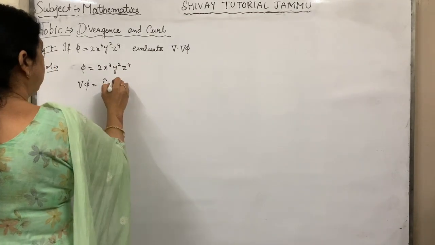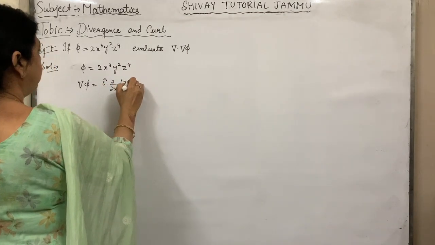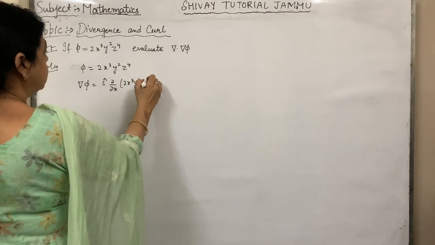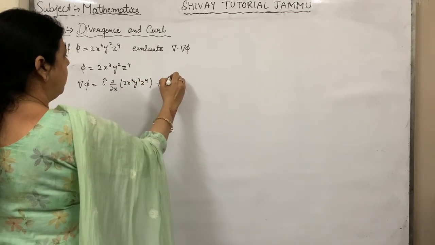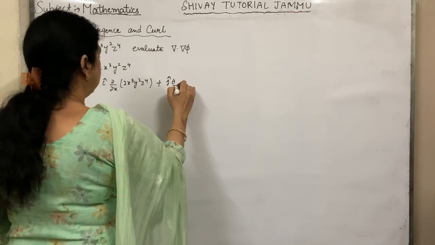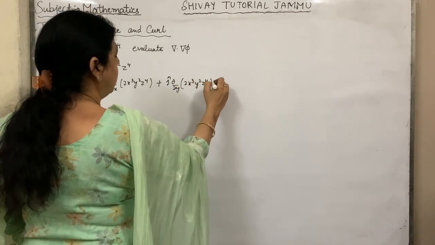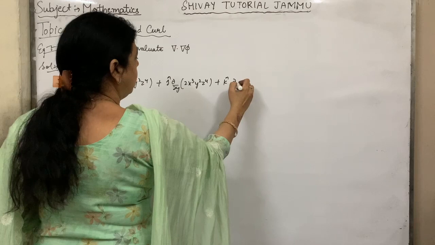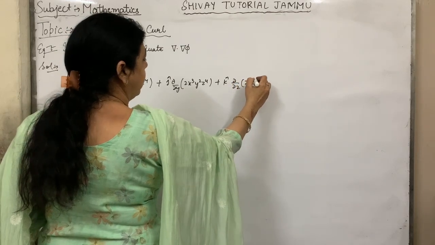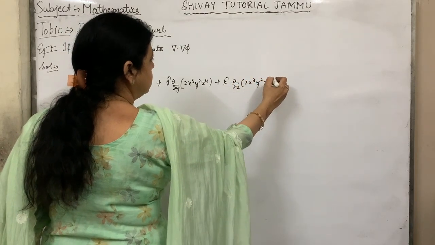So i with ∂/∂x of 2x cube y square z4, j with ∂/∂y of the same thing, x cube y square z4, and k with ∂/∂z of 2x cube y square z4.